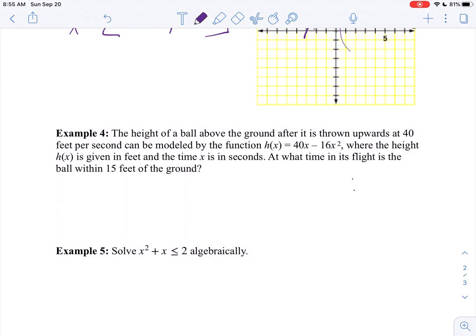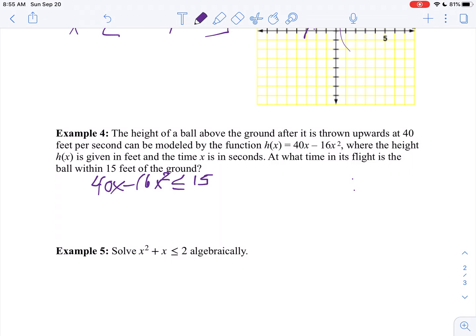In other words, I'm going to say my parabola 40x minus 16x squared has to be less than or equal to 15. Now I'm going to rewrite that so my leading x squared term comes first.